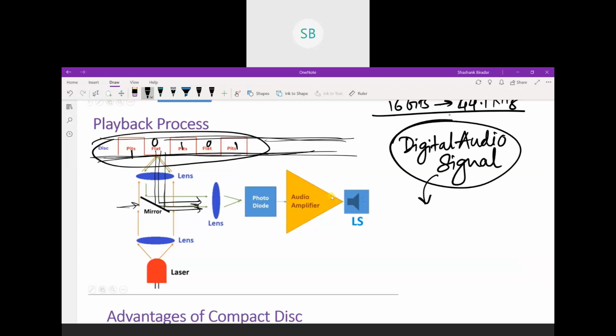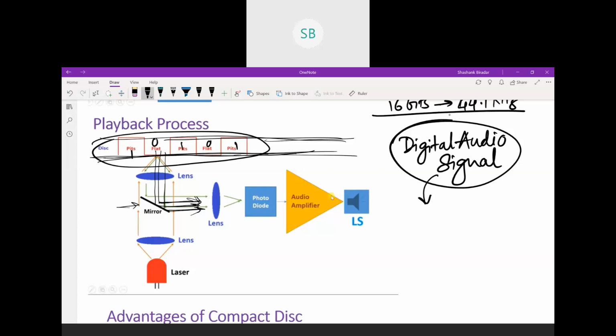So the laser light can pass through the mirror and falls on the track, but on its return journey it should not penetrate through the mirror. It will be reflected back at 90 degrees, right?